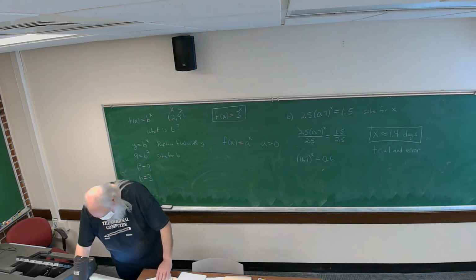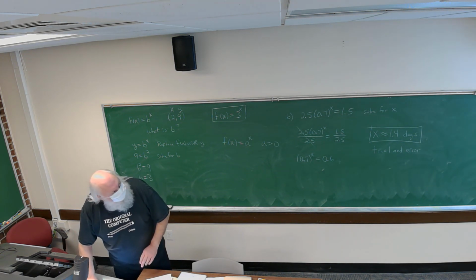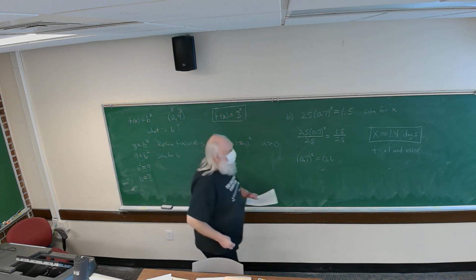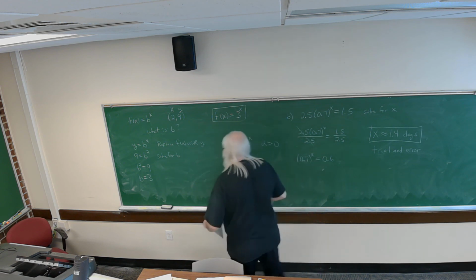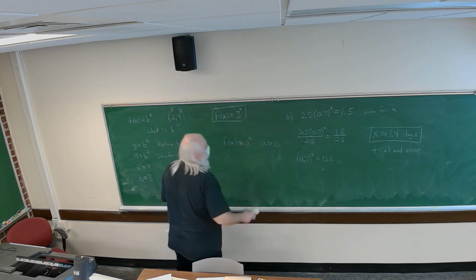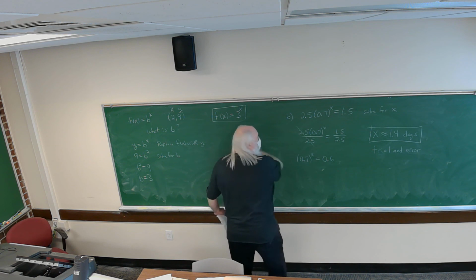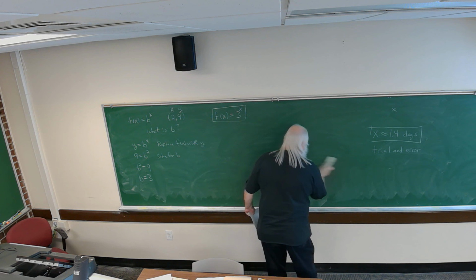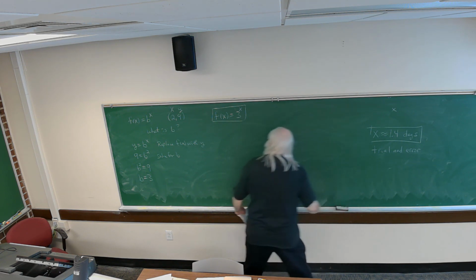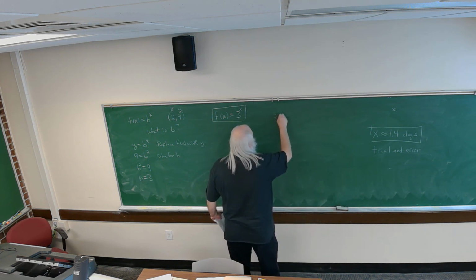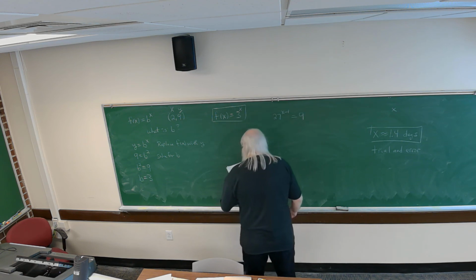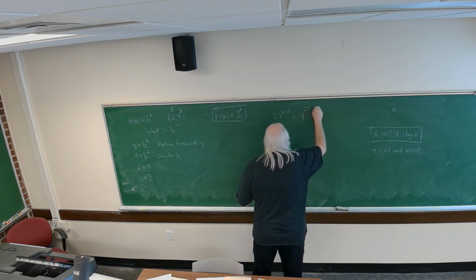All right, so you flip over to page 4. We have the one-to-one property of exponential functions. So we'll demonstrate that with the first example on the left. We have 27 raised to the x minus 1 power is equal to 9 to the 2x minus 3 power.